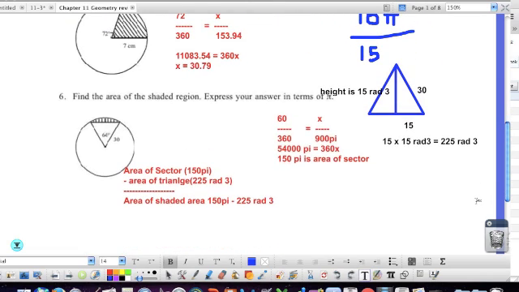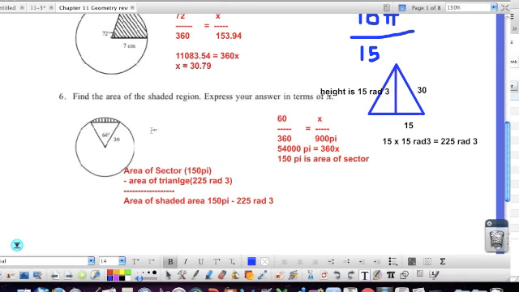For problem number 6, we're asked to find the area of the shaded region expressed in terms of pi. So we're going to have to find the area of the sector, subtract the area of the triangle to get the area of the shaded region. Let's go through how to do it. To find the area of the sector, the central angle of 60 over 360 equals the area of the sector compared with the area of the total circle.